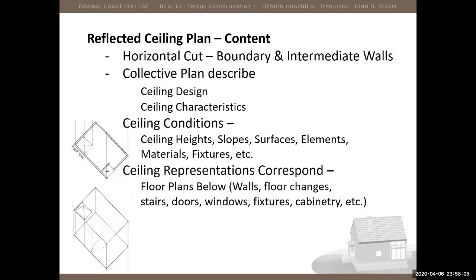But from the standpoint of what we're seeing, a ceiling is represented almost right on top of the floor plan elements. So we can see the stairs, doors, windows, all those things that are represented in the floor plan are also represented in the reflected ceiling plan.